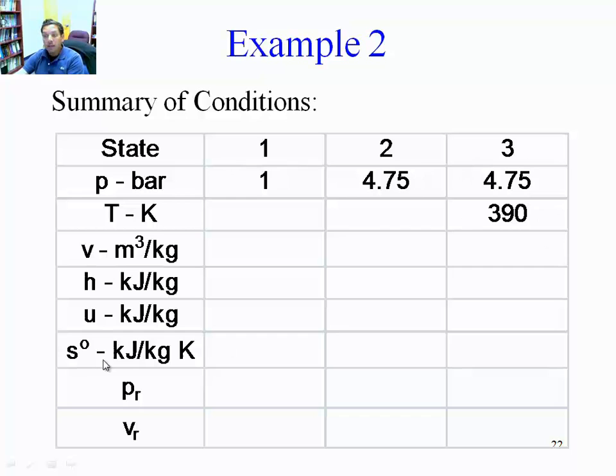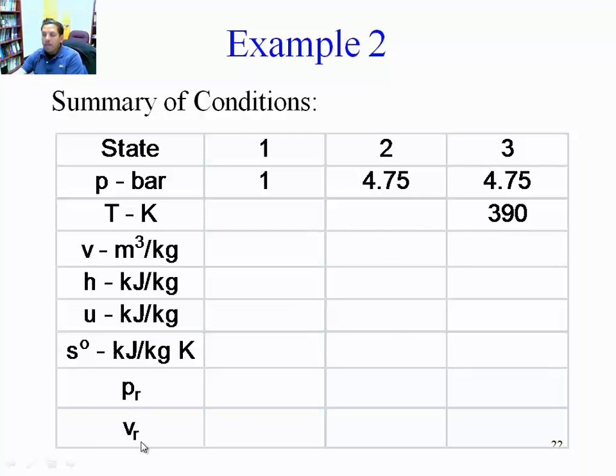Okay, not entropy 0, the entropy. And we're told that from 1 to 2 the temperature is the same, whatever that is. All right, now we are going to fill out this table with volume, entropy, energy, S0, which is not the entropy, remember, but a component of the entropy that's only a function of temperature. PR, which is a function of temperature, and VR, which is also a function of temperature, found in those tables.